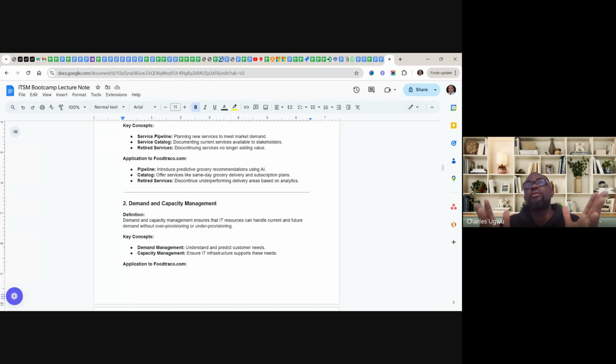You need to predict. For instance, in our Food Truck, we have come a long way. When we started this Food Truck, we didn't apply ITSM. So we started with one technology, and over time, we found out that that technology cannot give us what we want.